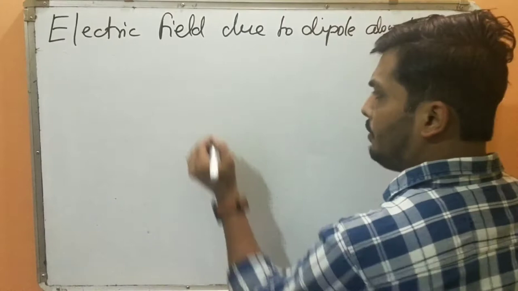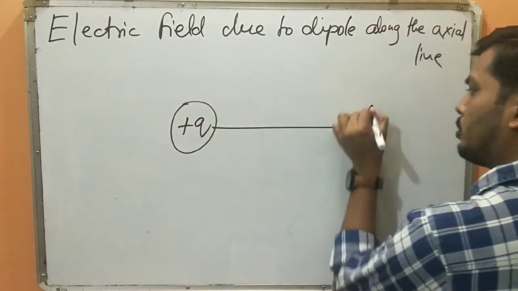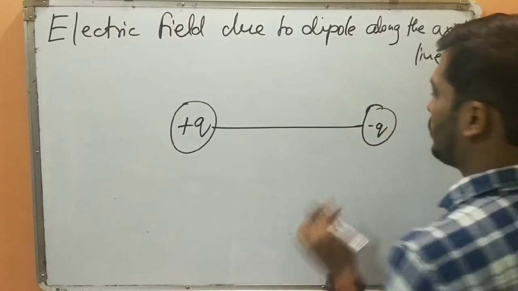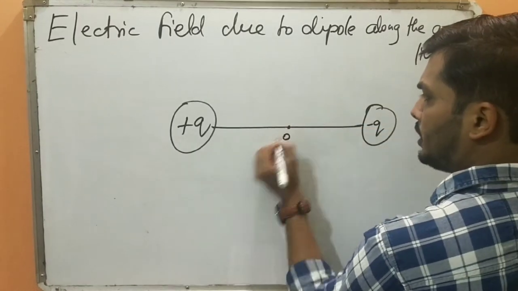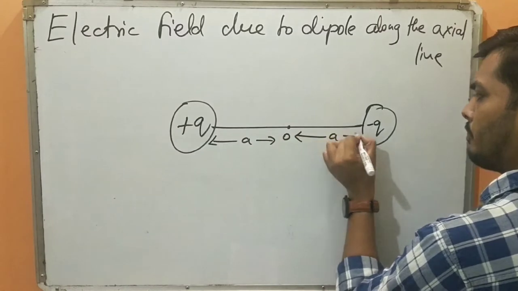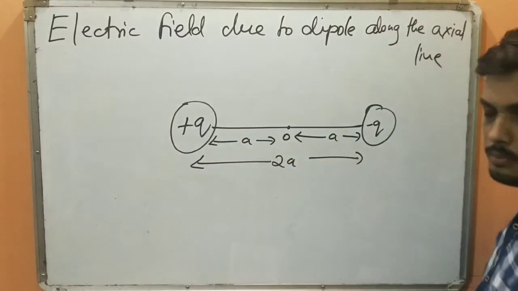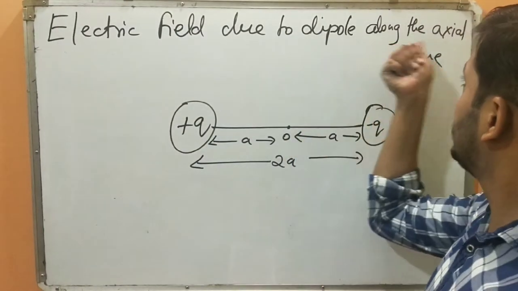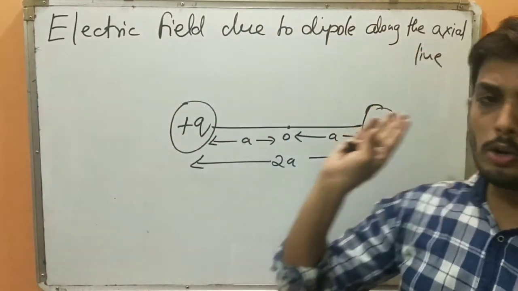So I have a charge plus q, and one more charge, not a dipole, together they are called a dipole. One more charge is minus q. This is the dipole center. This distance is a, this distance is a, and the total distance is 2a. Remember the diagram. Now they have clearly mentioned that they want electric field due to dipole along the axial line.